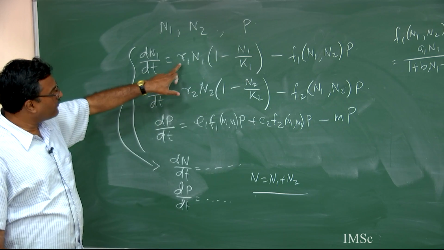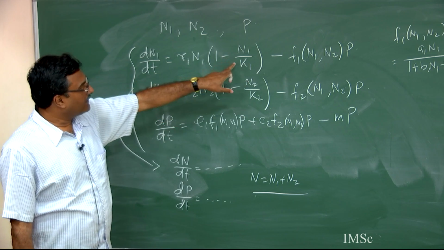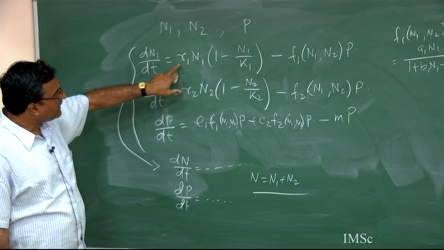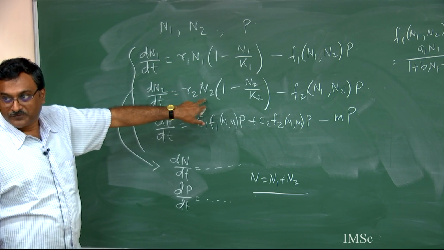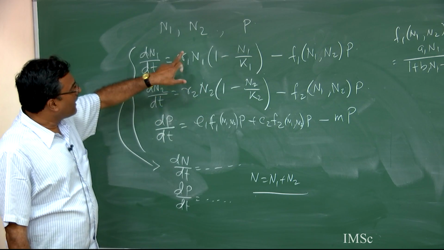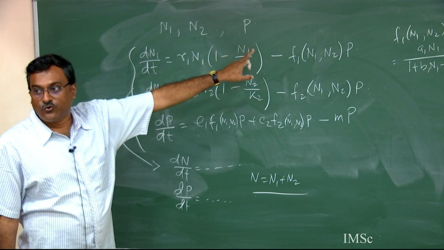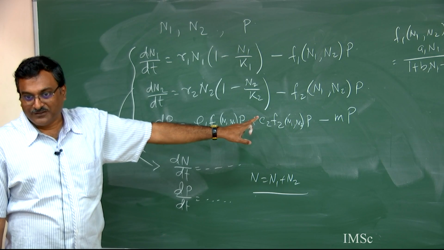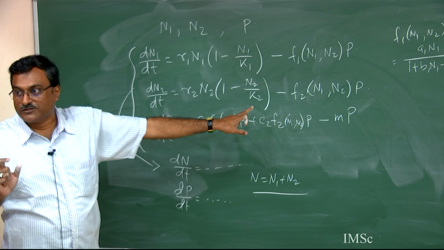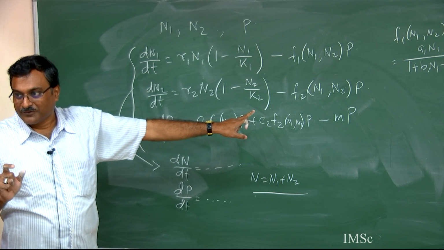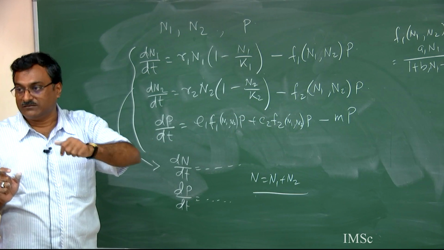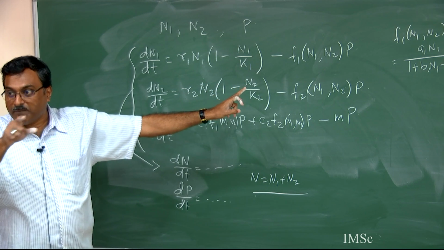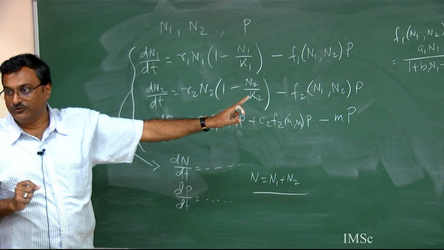If you consider R1 equal to R2 and K1 equal to K2, you can have the sum of R into N1 plus N2, but here you will have R by K times N1 square plus N2 square, right. So you cannot take N1 plus N2 whole square. So what additional term do you need to introduce here? That is the interspecific competition term between N1 and N2.